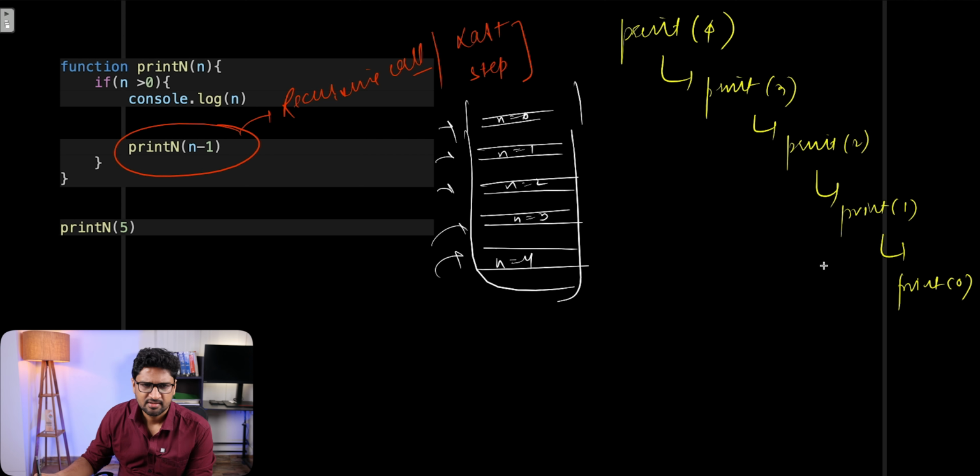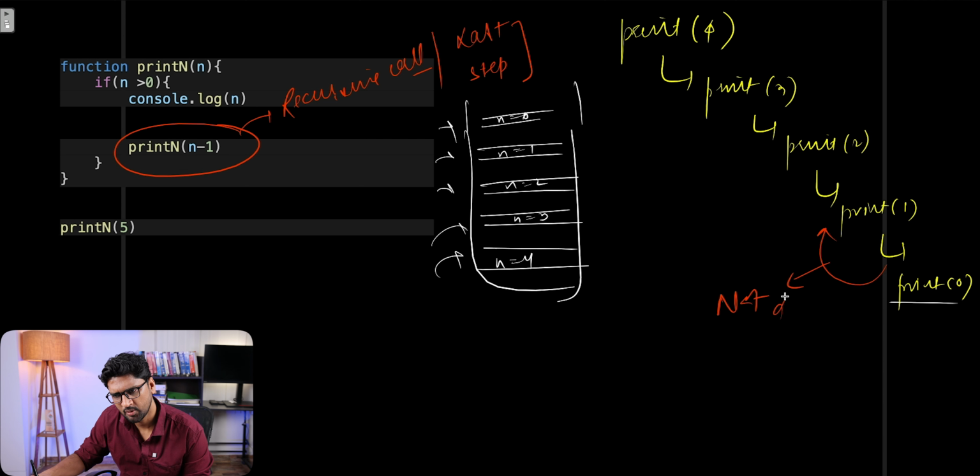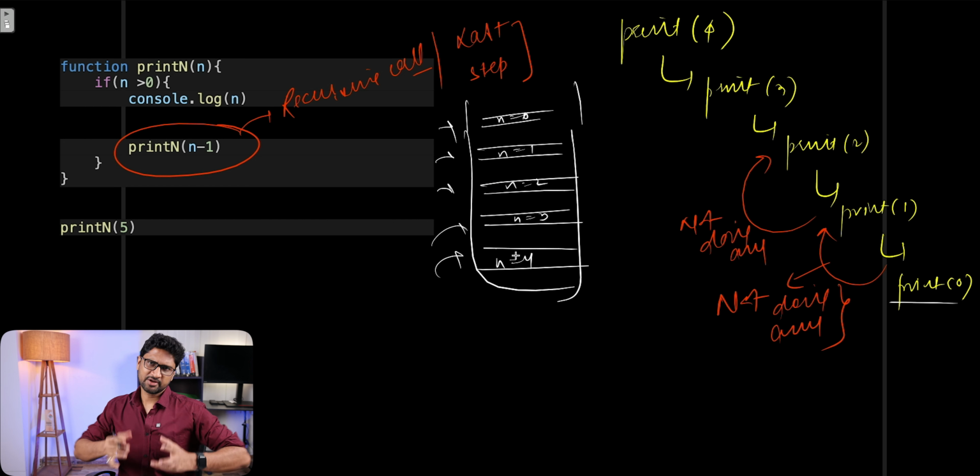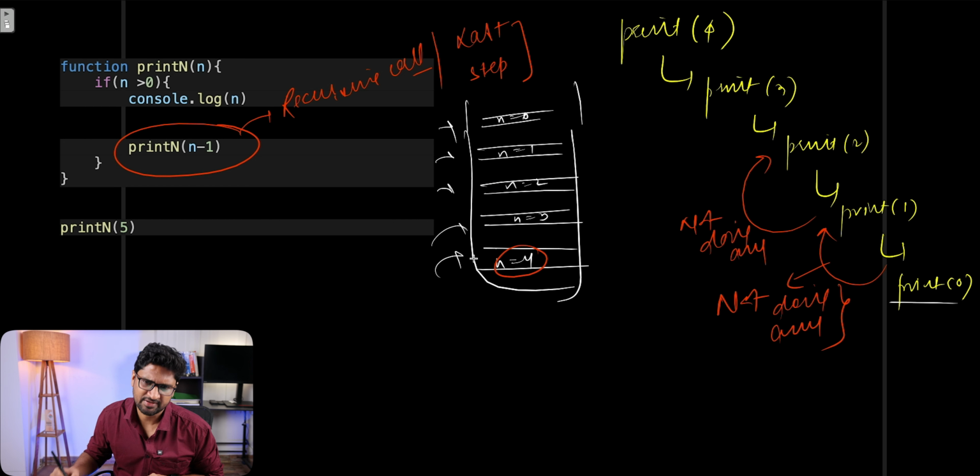Now since the recursion is the last part, when I'm coming back from here, I'm not doing anything. Since recursion was the last part, when I come back, I'm not doing anything. We can do some kind of optimization. I don't need to store the value because I don't need to use it later.